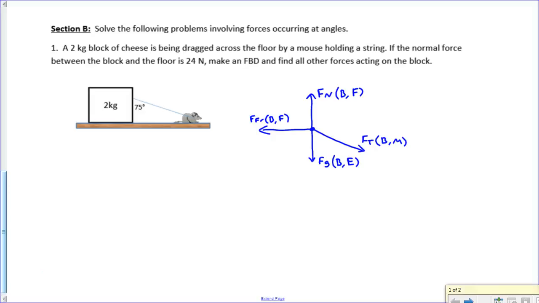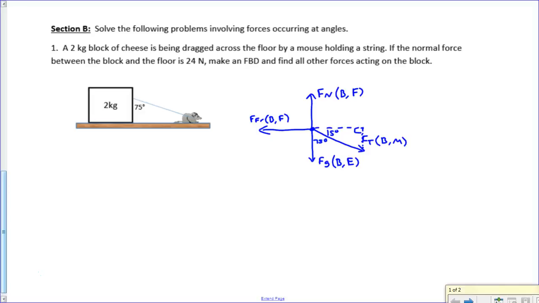If you look in the problem, it's helpful to figure out that this angle here is actually the same 75-degree angle that you have in the picture. It's an analogous angle. So that's 75 degrees there, which means that if we took this and broke the tension force into components this way, we end up with a 15-degree angle in there.